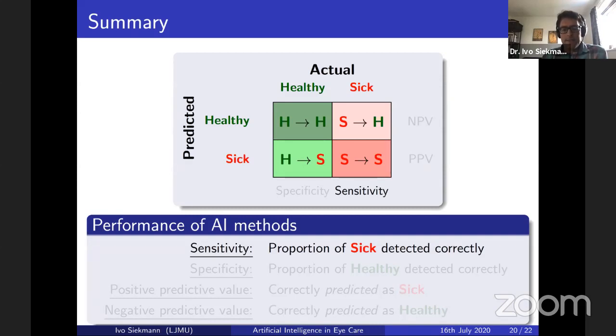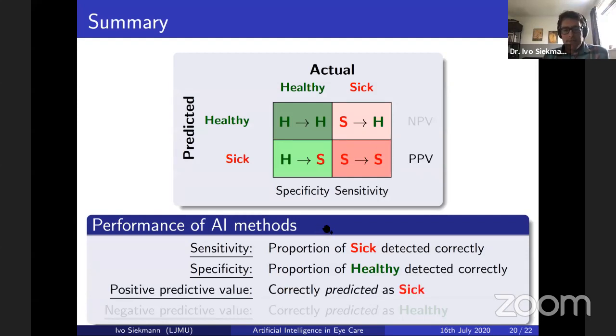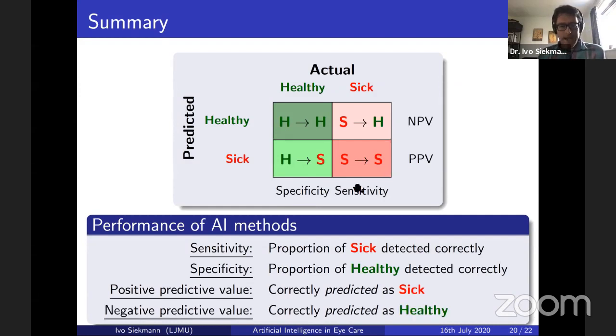So we have the sensitivity, the proportion of the sick patients detected correctly, the specificity, the proportion of healthy patients detected correctly, the positive predictive value, which is the total number of patients that are predicted as sick that are actually sick, and the negative predictive value, so the patients that were predicted as healthy that are actually healthy. This is apart from the overall accuracy that you can also calculate.